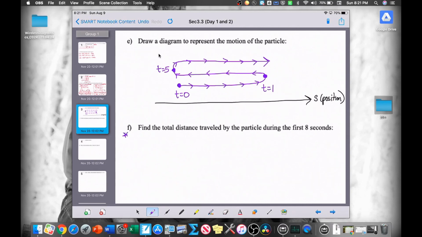Because the particle is moving both forward and backward, we need to calculate forward and backward distance separately, and then find the sum of the absolute values of the distances.